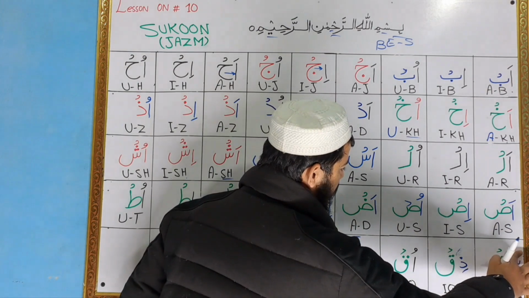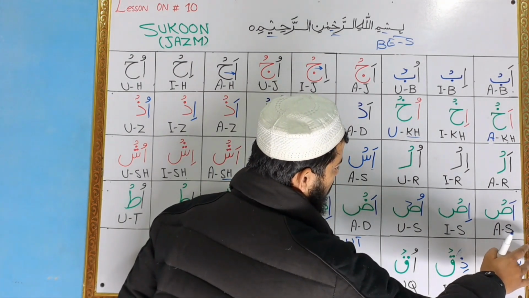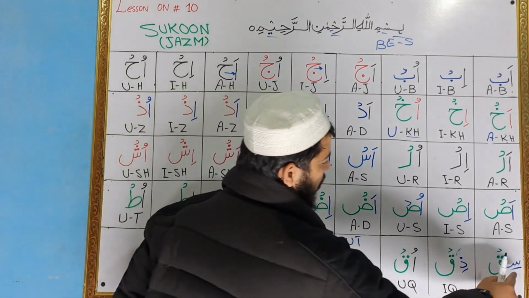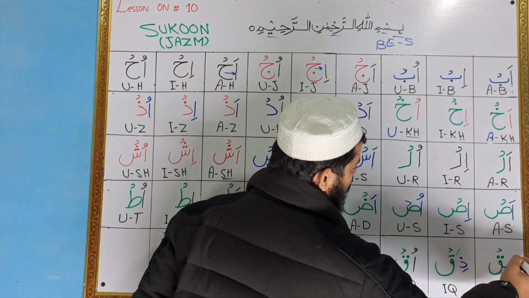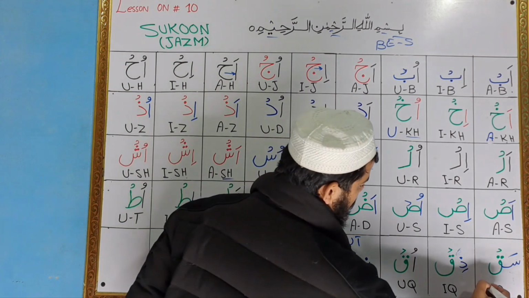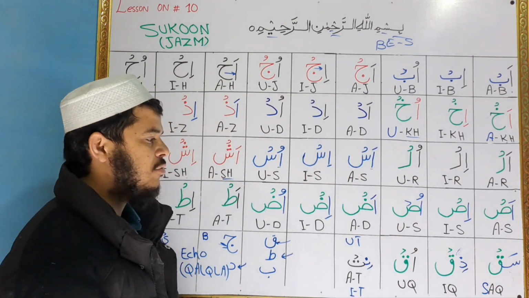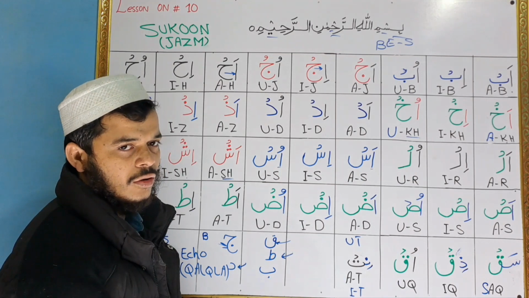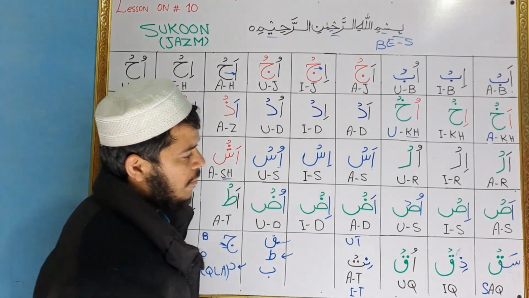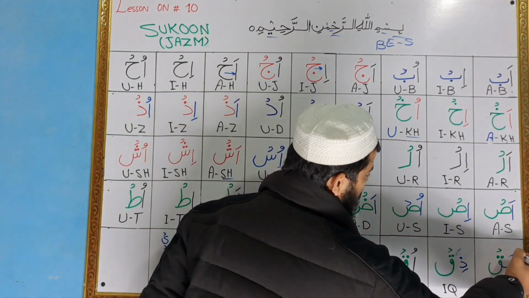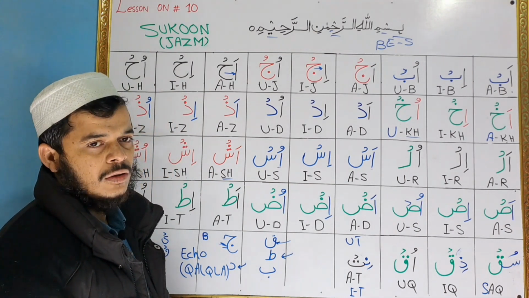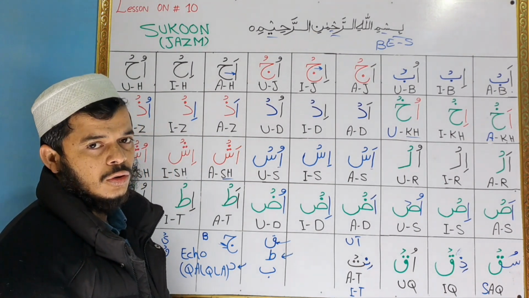If we replace it with sin, it will become siq. With fatha, sin fatha sa, then we add the q sound, so saq. The qaf is echo, so saq. If the sin is coming with dhamma, sin dhamma su, so suq.